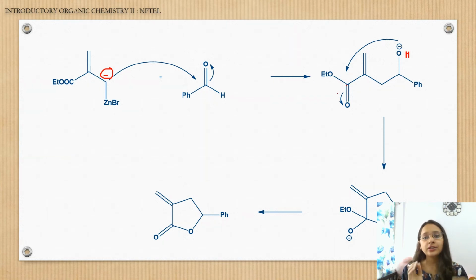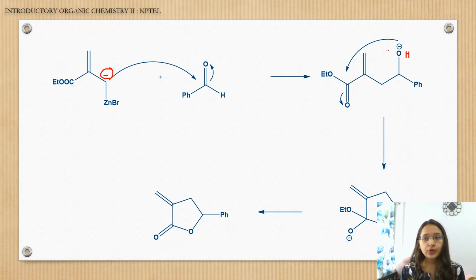As you know, guys, these intramolecular reactions are much faster than intermolecular reactions. Sometimes the intramolecular reaction works for the same species, but the intermolecular reaction can be so sluggish that it cannot even work.